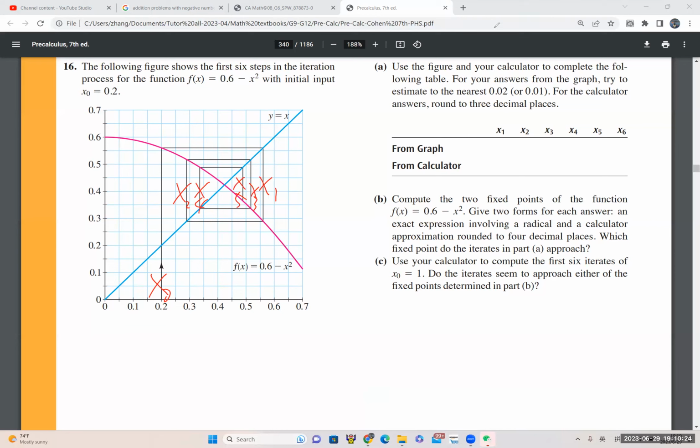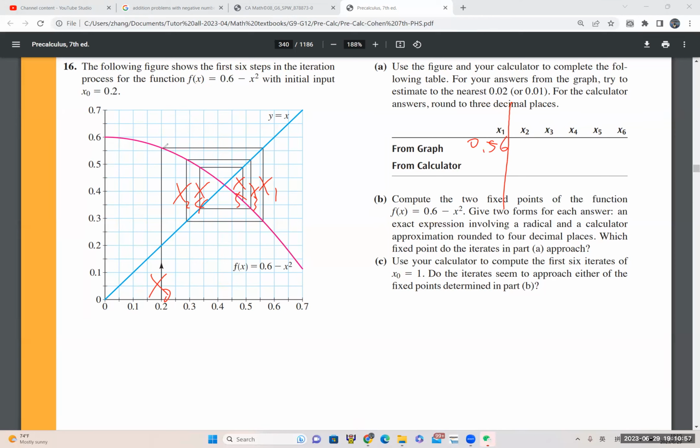Let me do one, then I'll let you do x2, x3, okay? For x1, from the graph it's just equal to this, here is 0.55, then a little bit more, 0.56, right?